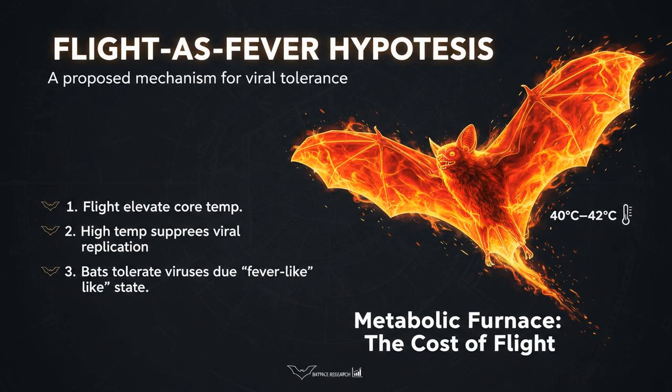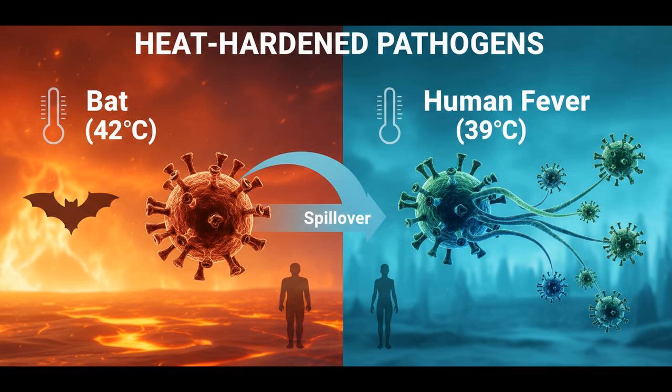In most mammals, sustaining that temperature would cause heat stroke and tissue damage, but bats have evolved to tolerate it. For a virus living inside a bat, this creates a rigorous evolutionary training ground. Every single night when the bat flies, the virus is subjected to fever-level temperatures.